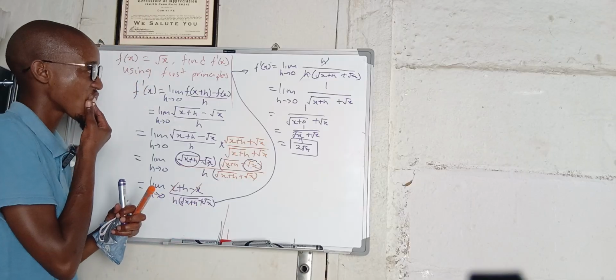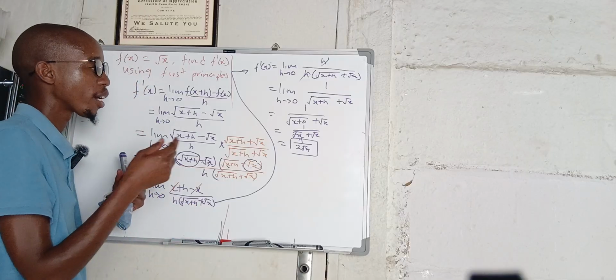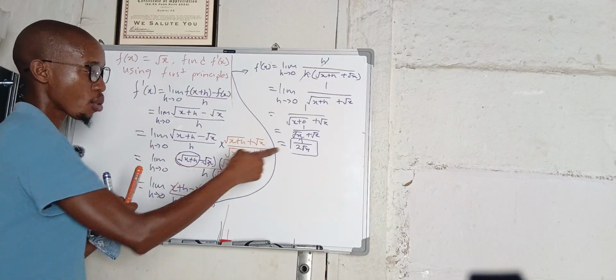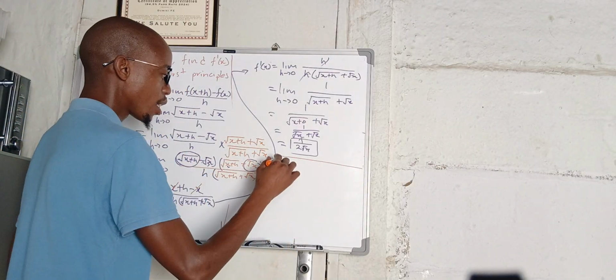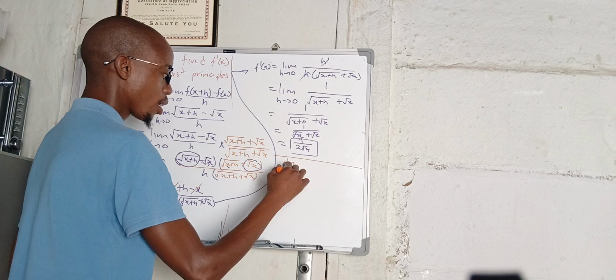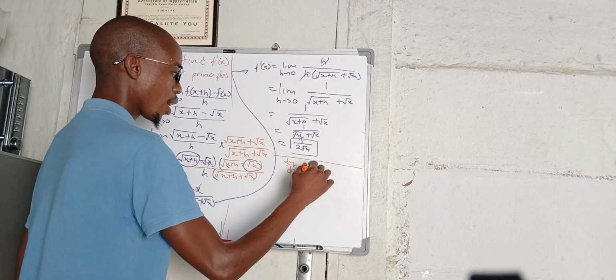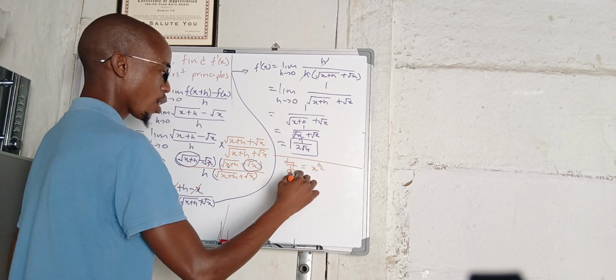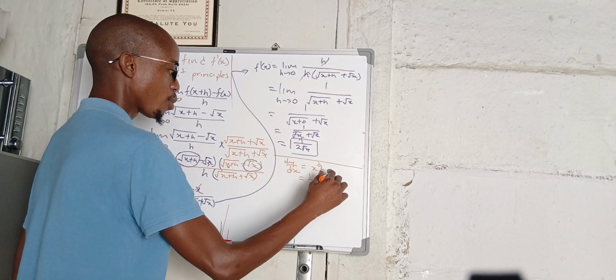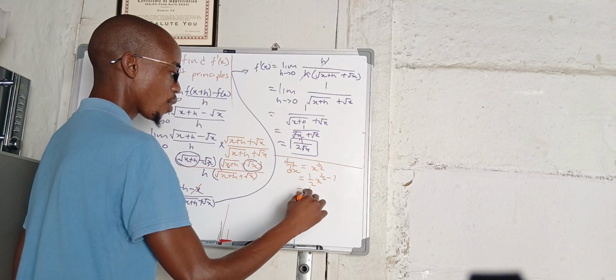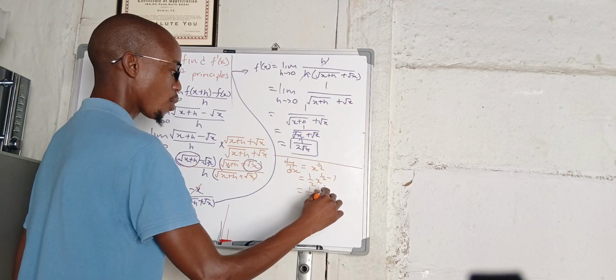But now, before I do that, I want to show you how to differentiate it without using first principles, just to confirm if our answer is correct. By differentiating this, I'll be having dy dx of x to the power of 1 over 2. So I'm going to drop the 1 over 2, and then x to the power of 1 over 2 minus 1. I'll be having 1 over 2, x to the power of negative 1 over 2.